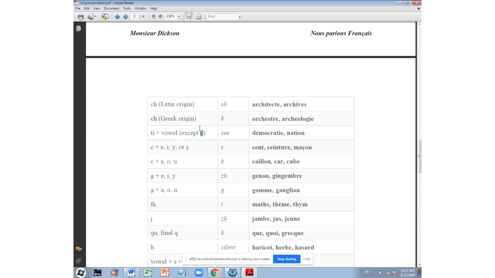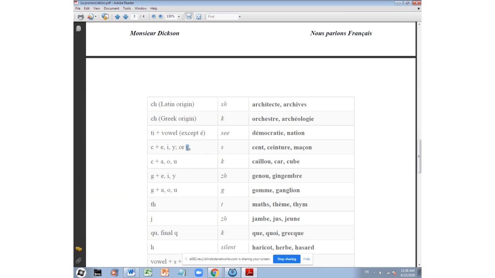Next, when does letter C produce the sound S? When following letter A and letter E, Y, or when it has the cedilla under letter C, the only consonant with an accent under it. So when you have letter C with those vowels, either A or E, because Y is the same as E, they produce the sound S. So we say son, ceinture, maçon, the three words.